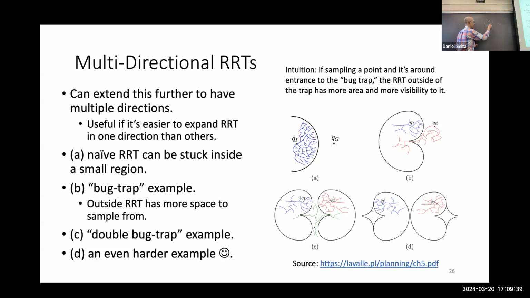So that means if this is the sampled point that we sample for RRT, there's more points on the outside that have a line of sight visibility to that point.